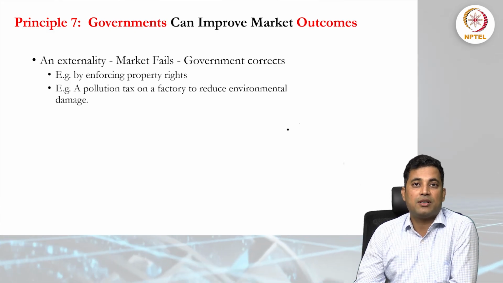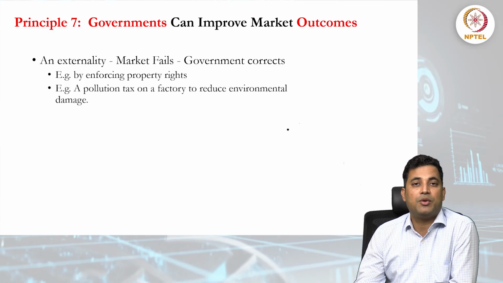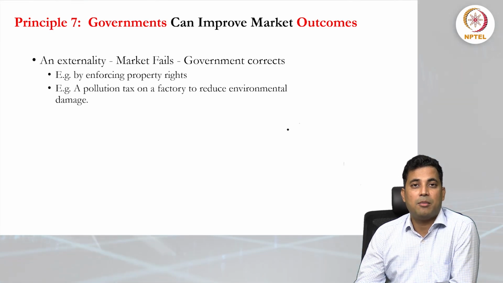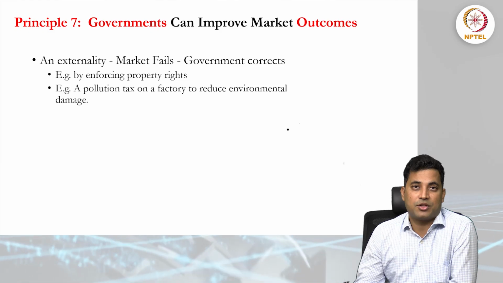Then obviously the fisher community will be affected. So this is again an example of the negative externality, but with positive production.